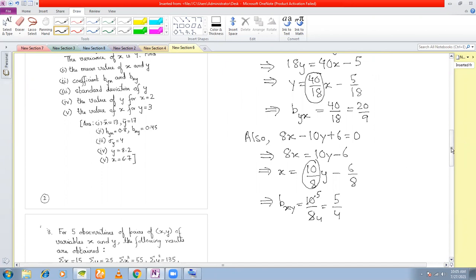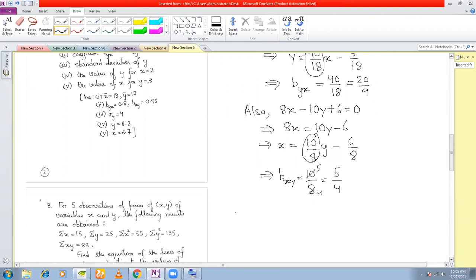Right? So now we want to check whether our assumption is correct. How do we check? From the first property, you know, r square is equal to bxy into byx, right?